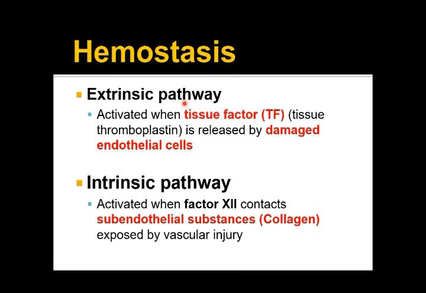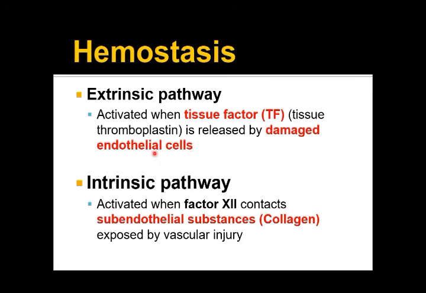These are the two ways that the clotting cascade gets started. So the extrinsic pathway starts when there's damage to endothelial cells. There's a lot of things that can damage and irritate endothelial cells. So I'll let you guys work on your own to review what can damage endothelial cells, but there are a number of things that we've gone over already in class.